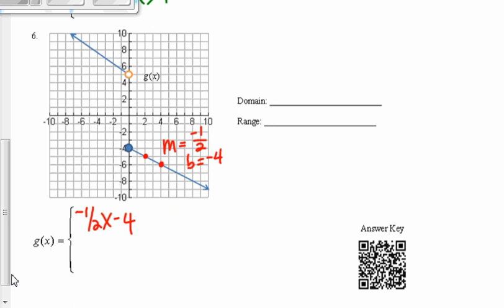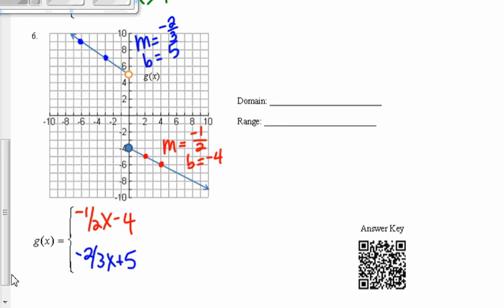Then for the top part here, slope and y-intercept, again, this is going downhill, and it looks like it's going down 2 over 3, so -2/3. And we can actually see this y-intercept as well. It's at 5. So we have -2/3 x plus 5.